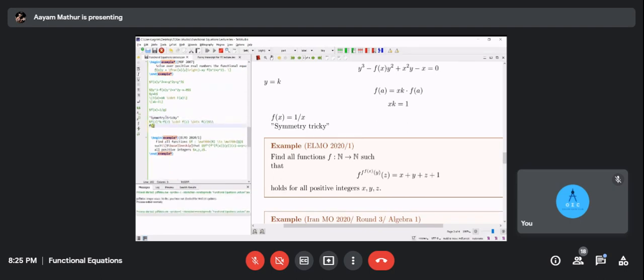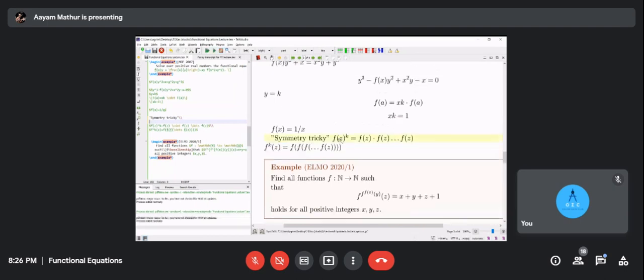But if it says f to the k of z, then that means applying f to z that many times. Is this clear now? Understood.